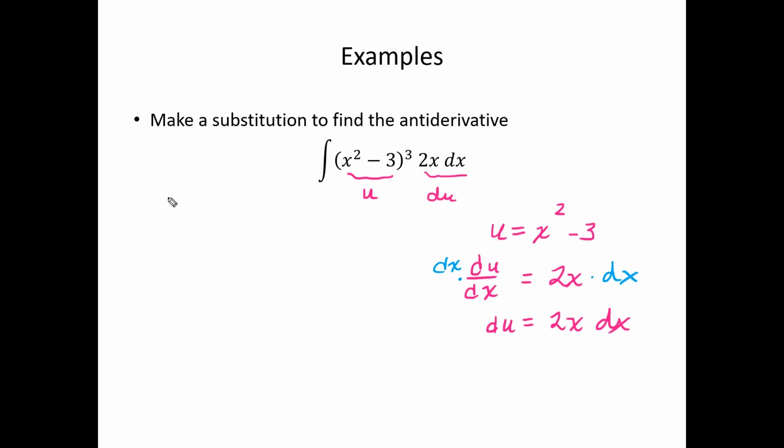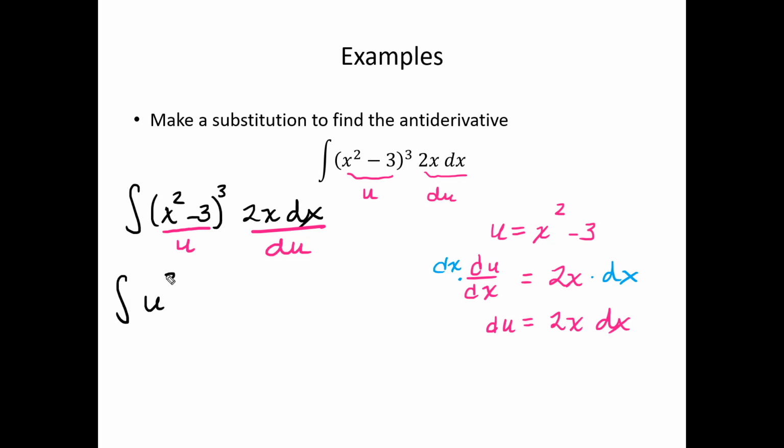So for my substitution, let's rewrite it: x squared minus 3 cubed times 2x dx. This piece becomes u, and this piece becomes du. So rewriting it would be u cubed du.